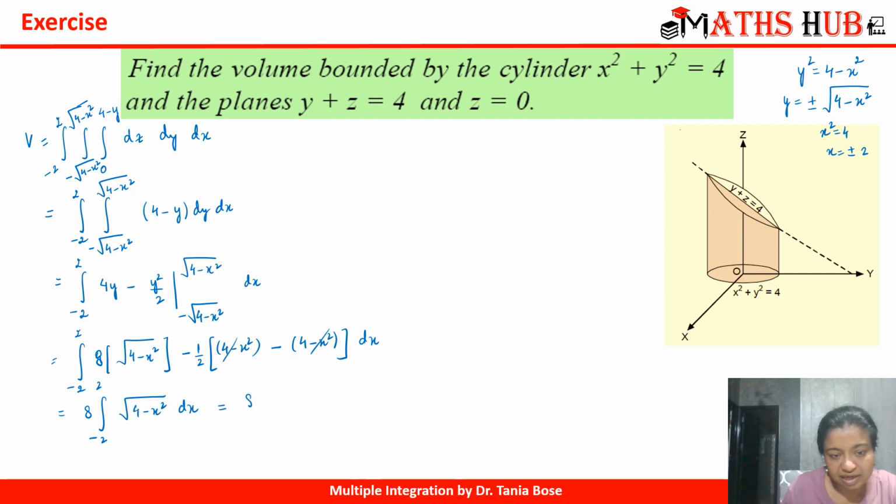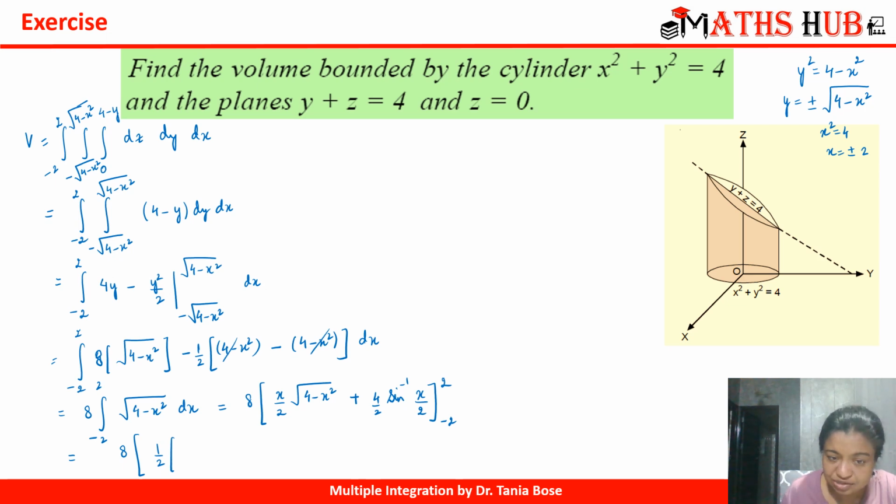So this is basically 8, and when I integrate this, I'll get x by 2 under root 4 minus x square minus a square by 2, so a square would be 4 by 2, sine inverse x by a, limits from minus 2 to plus 2. Now when I put the limits in this, what do I get? I get 8. Now the first term, this is half. Let's put the upper limit. So 2 will make it 0.